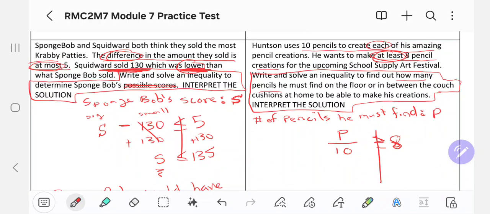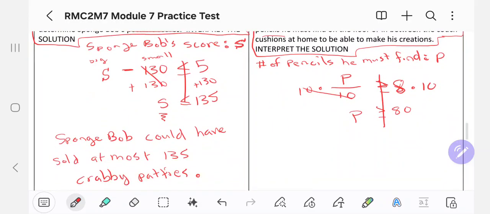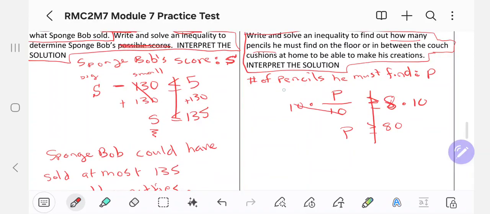So when we go to solve it, we'll multiply, and we get that the amount of pencils he needs to find has to be greater than or equal to 80.